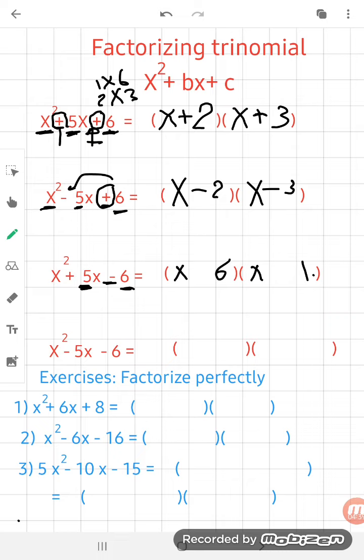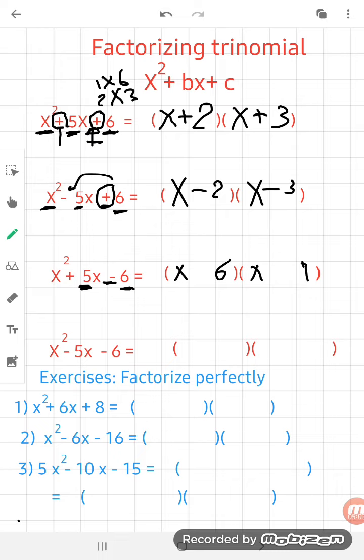Okay, how can we put the sign? The last sign is negative. Now we go to the second part of the rule.